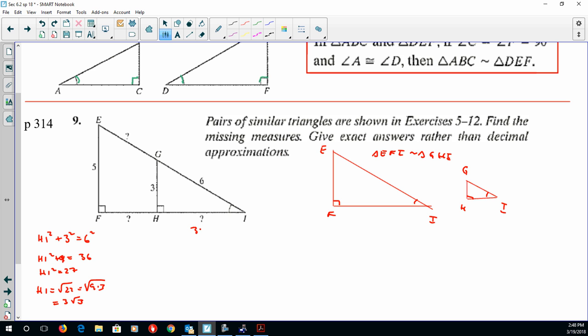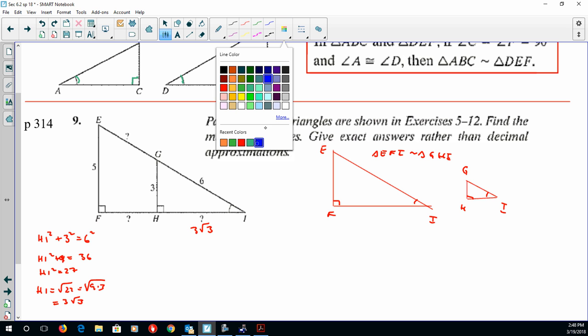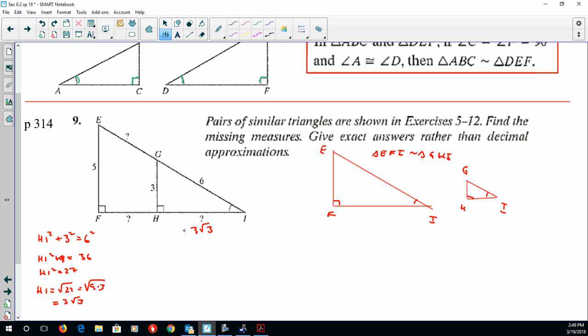Now let's do some similar triangles. Okay, in the big triangle, I have a 5 over here. In the little triangle, I have a 3, a 6, and a 3 square root of 3.